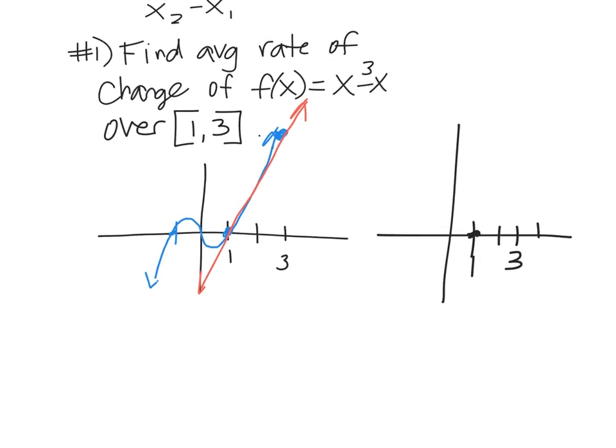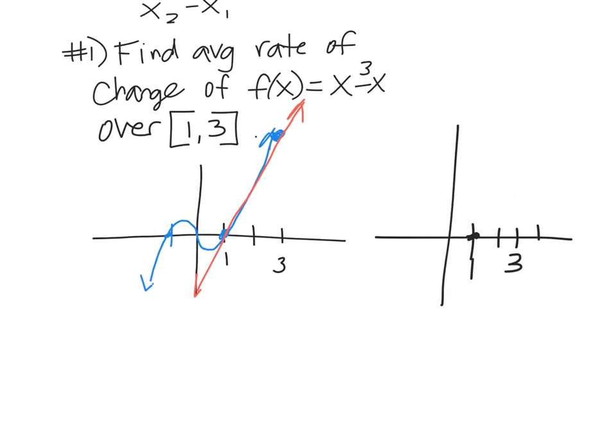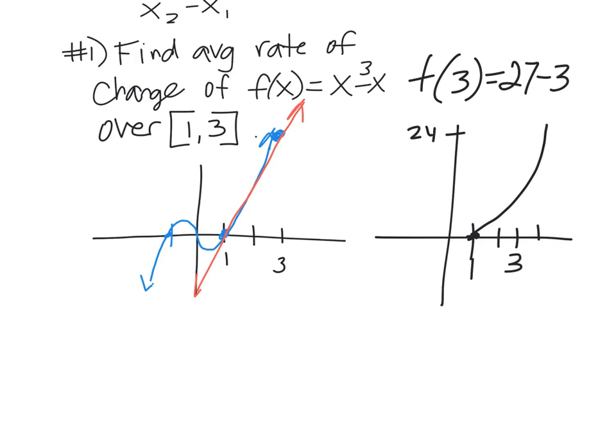And at 3, what's the y value of 3? What's f of 3? It's 3 cubed, which is 27 minus 3, so you get 24. So it's a curved line like this, and we're trying to find the slope of this line right here. That's a better idea of what's happening.